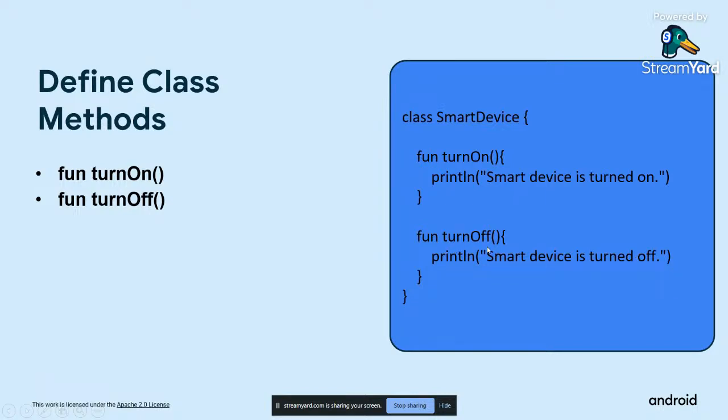So these are two methods of the class SmartDevice. If we want to create one more method, we can write a function increaseVolume or decreaseVolume. We can create more methods like this, besides the basic turn on and turn off. I hope that's clear.